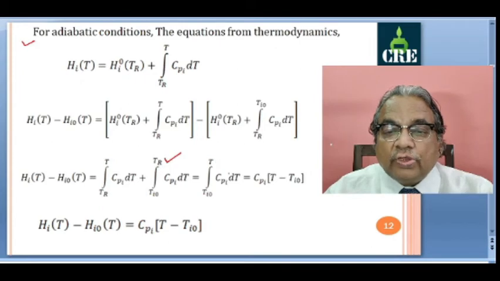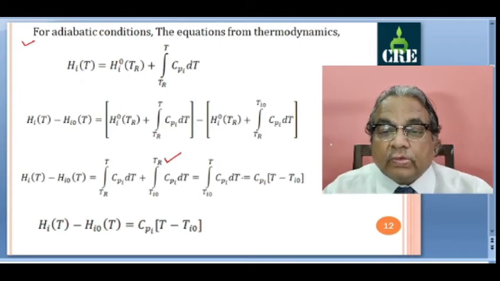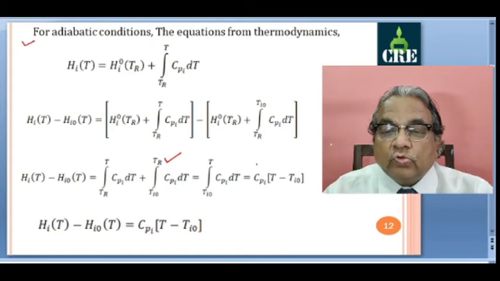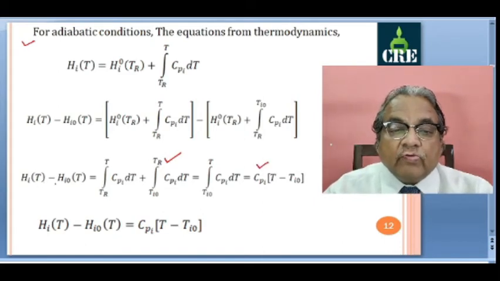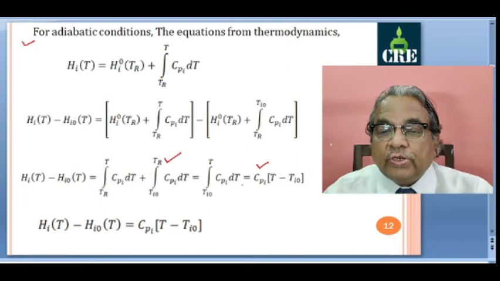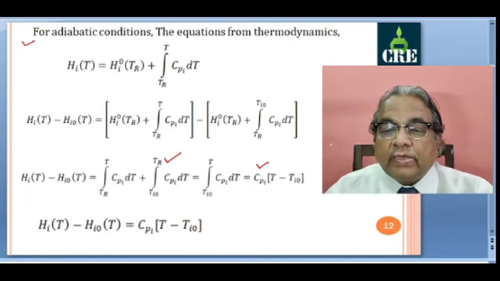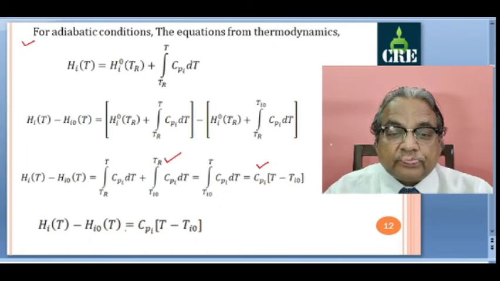So integral Ti0 to T Cpi dt gives Cpi into T minus Ti0. So our Hi of T minus Hi0 of T will be simply Cpi times T minus Ti0.